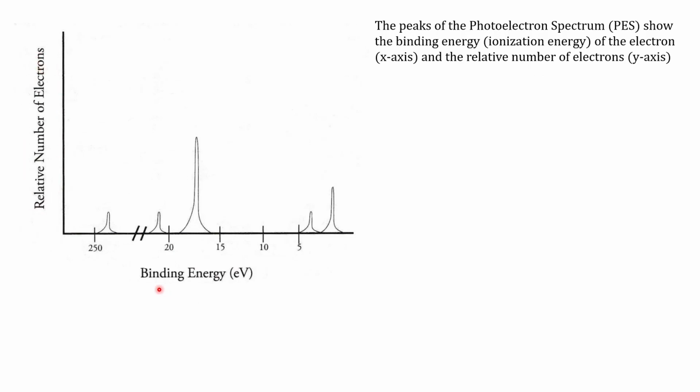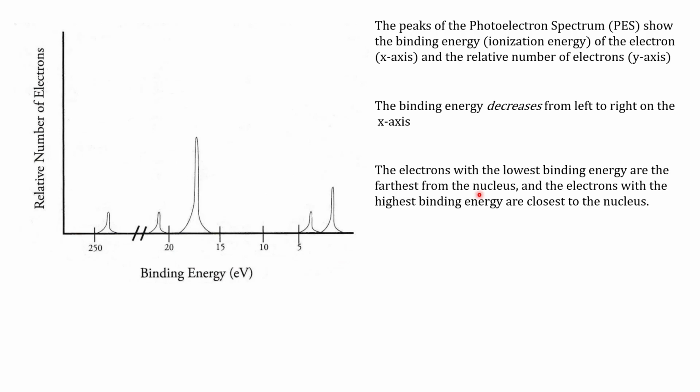Going back to the x-axis, notice that the binding energy decreases from left to right. So these electrons down here are the easiest to remove from the atom, which means they are farthest from the nucleus. Now, conversely, the electrons with the highest binding energy over here are going to be closest to the nucleus.